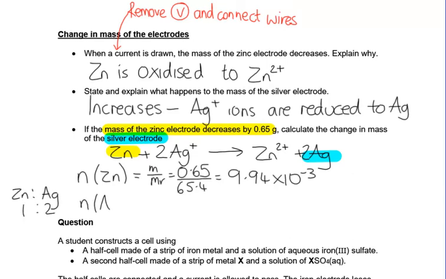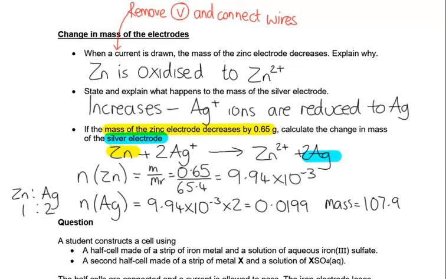So the moles of silver equals 2 times that. And so then mass is moles times Mr, and the Mr of silver is 107.9. If you work that out, you'll then get 2.14 grams of silver from 0.65 grams of zinc.